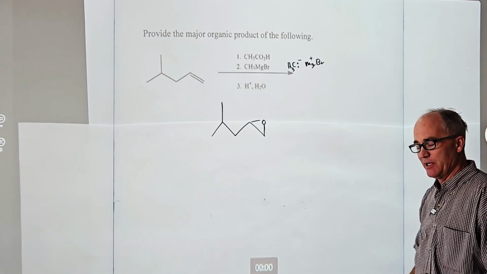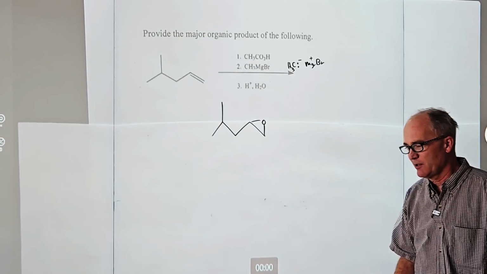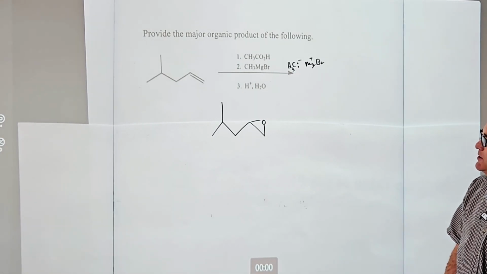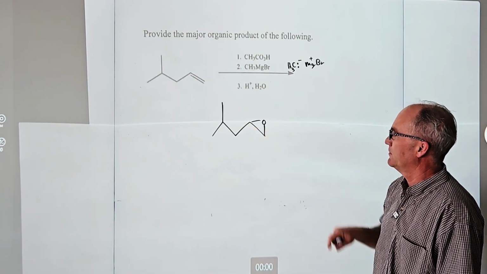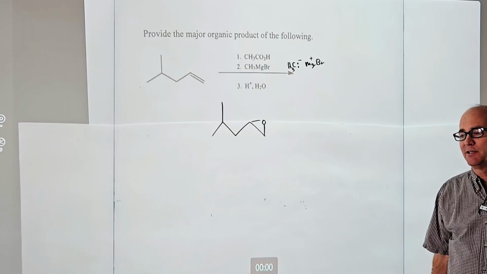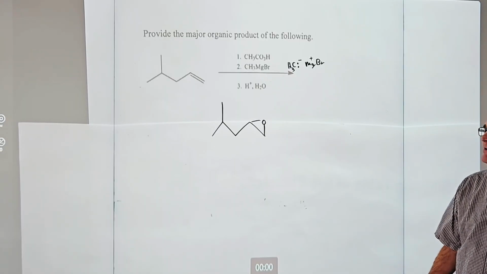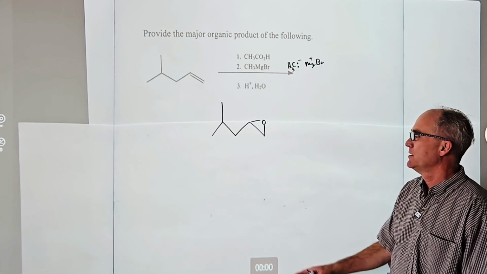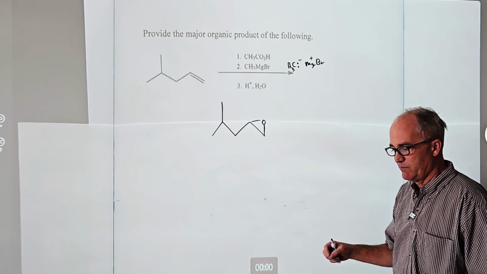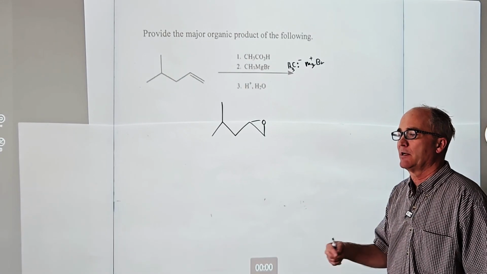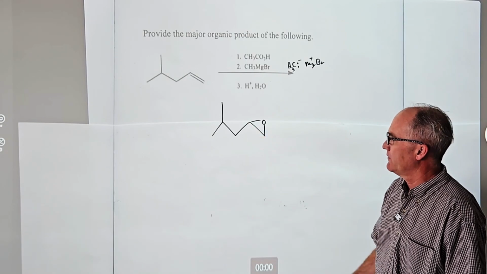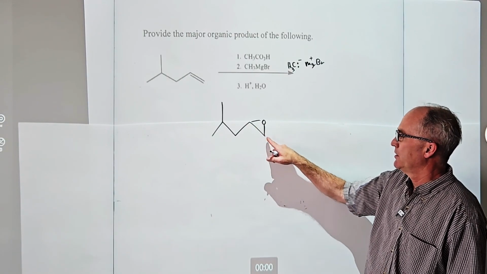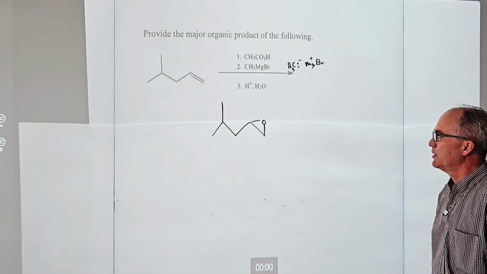All right, so based on the end of today's lecture and the first two example problems, where's this going to hit? There or here? The slide said the base just hits the least hindered. I said when the acid, there's almost like a transient carbocation in the transition state, and it hits there because then you have a secondary carbocation instead of a primary.